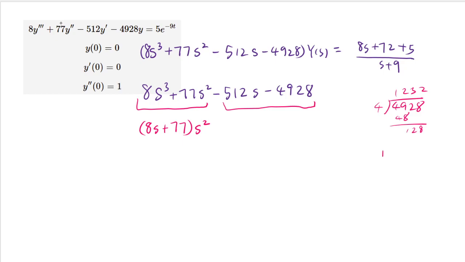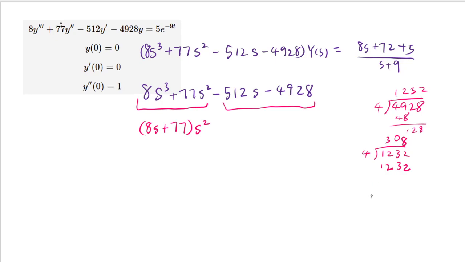And then again, 1, 2, 3, 2 can be divisible by 4. A quick way to figure out if something is divisible by 4 is by looking at the last two digits. If the last two digits are divisible by 4, then the entire thing is divisible by 4. 4 times 3 gives you 12, and then 4 doesn't go into 3, and 4 times 8 gives you 32.